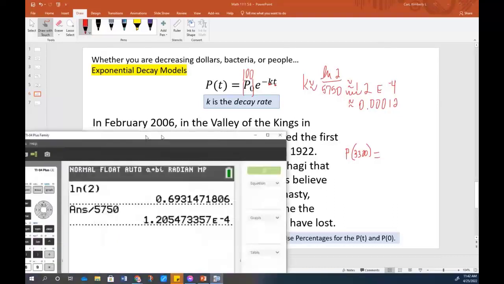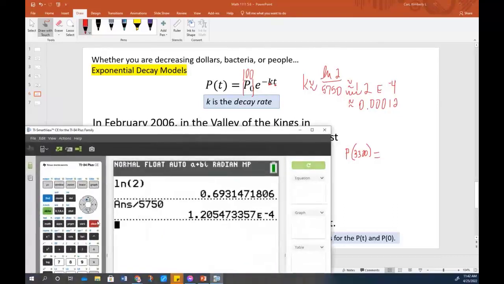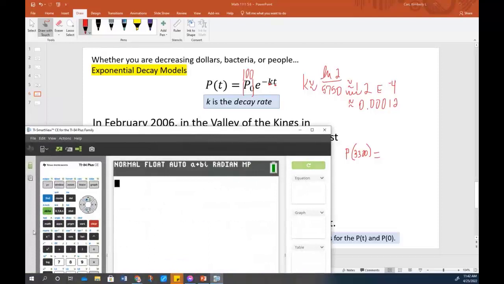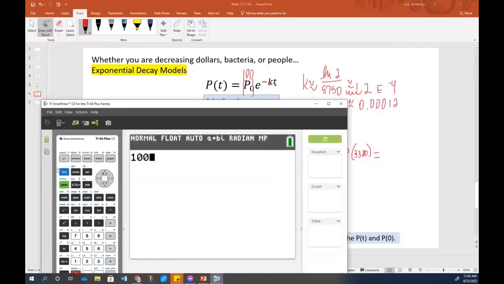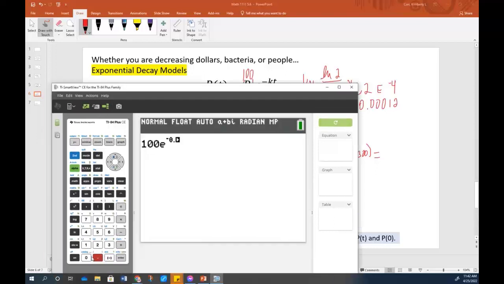So on the calculator, I'm going to go 100 times e to the negative 0.00012, then times my T, and my very first one was 3,300.